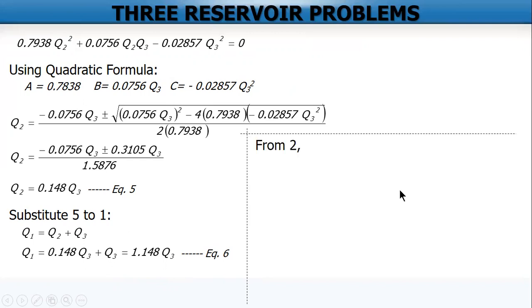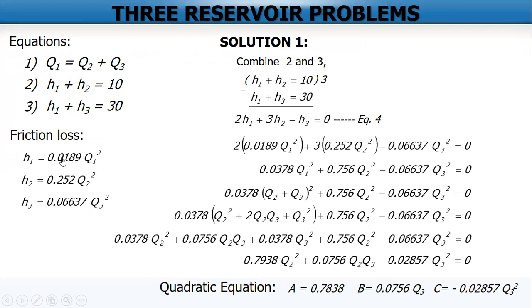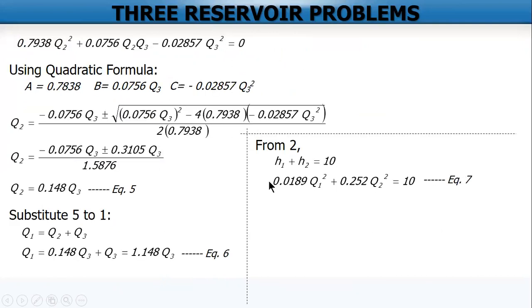So next is, we go back to equation 2. Muna to equation 2. H1 plus H2 equal to 10. And i-replace na to ang expression sa H1 and H2, this one. Kini ba? H1.0189, H2.252. Yan.